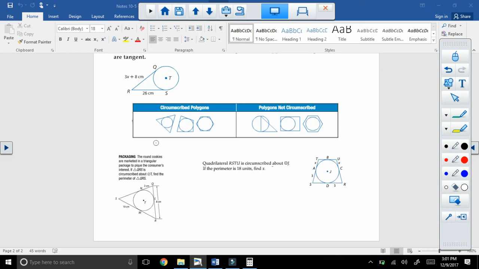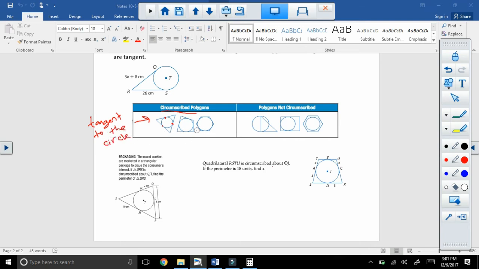Before I get to these last examples, I just want to point out some circumscribed polygons. If the polygon is going to circumscribe the circle, that means that each side will touch that circle at exactly one place, or that those sides are going to be tangent to the circle.